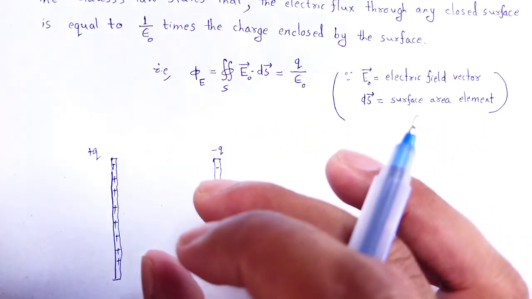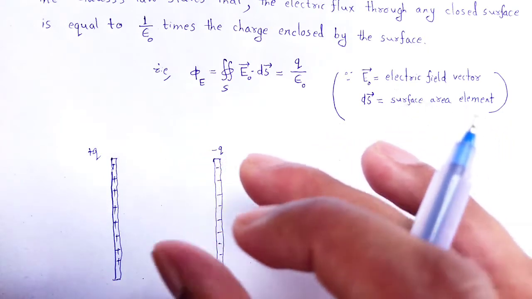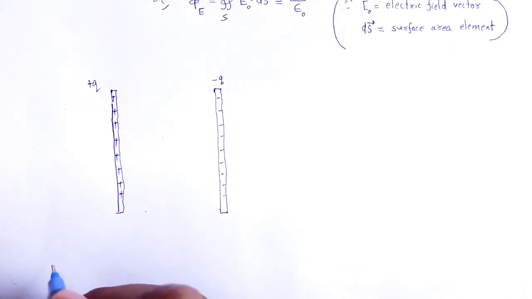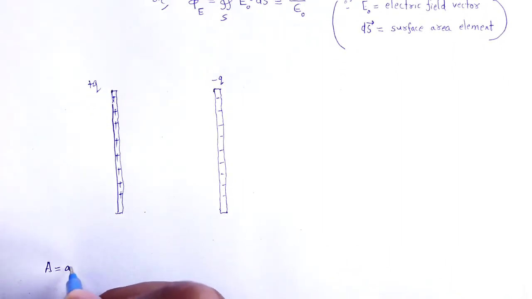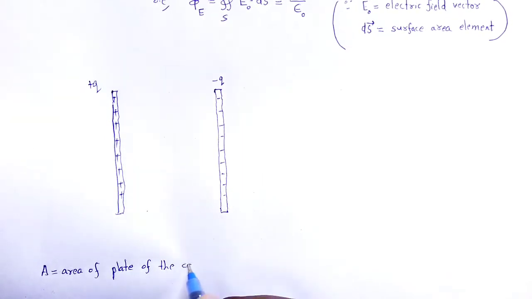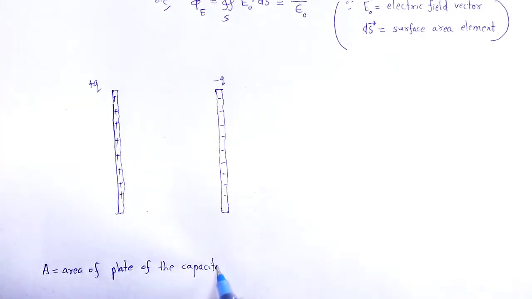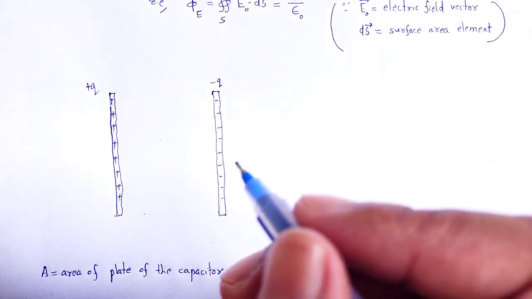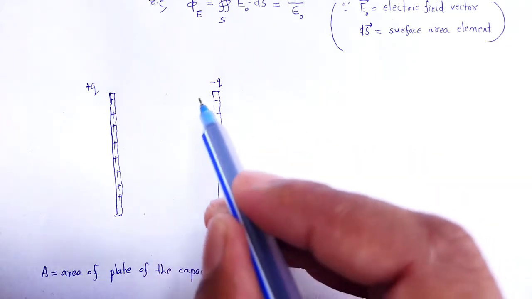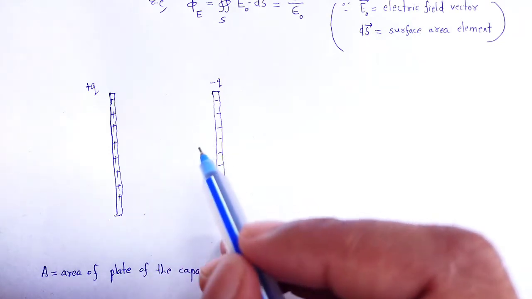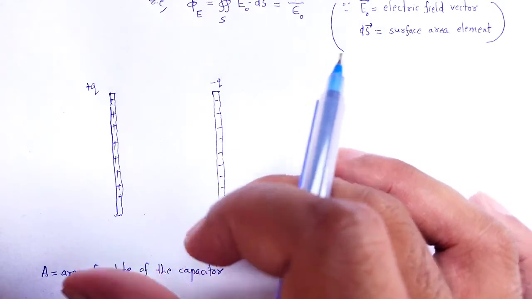And the plate area be A, the area of the plate of the capacitor. And the medium between the two plates is air or vacuum.